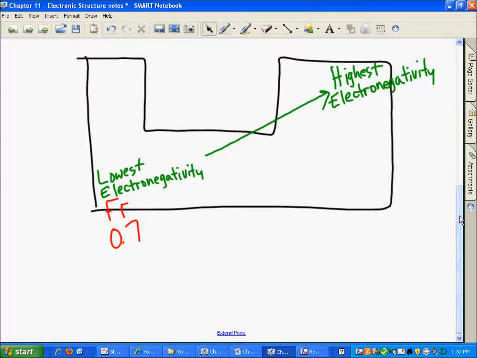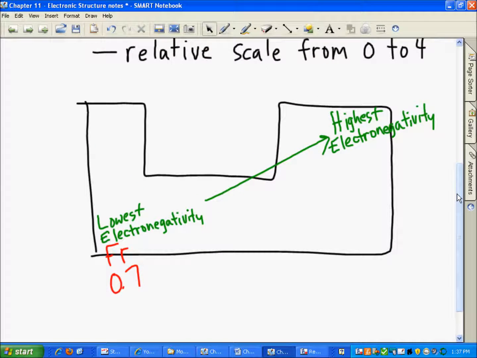And see if you can find the element with the highest electronegativity. Look at the actual numbers of electronegativities.